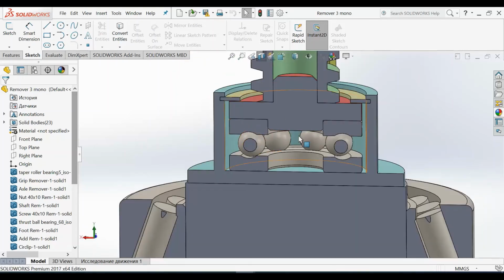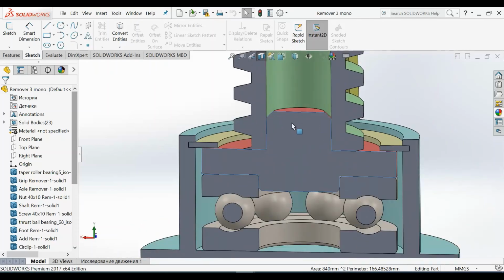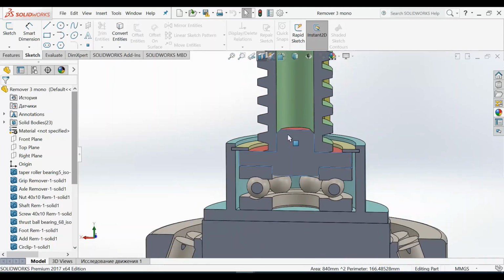Thrust ball bearing, screw, and this element is an adapter to make a correct connection between the bearing and the screw, in a case when the screw has a hole, and we should take into account that we can't place the bearing immediately on the screw.